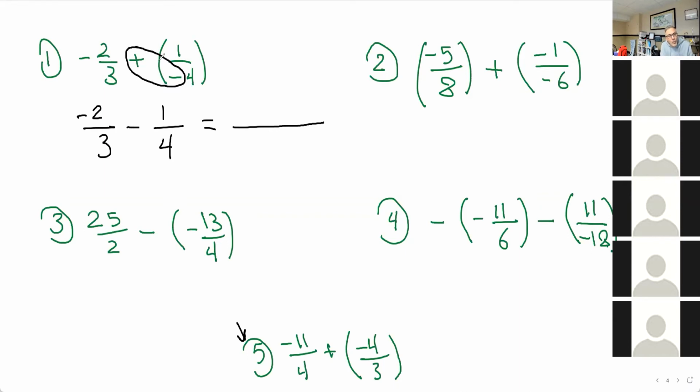So whenever we have a positive and a negative beside one another like this, we change them to minus. If it's a negative and a negative, we change it to plus. But if it's a plus and a minus, then these two just change into minus. Negative and negative change to plus, but this will change into minus.